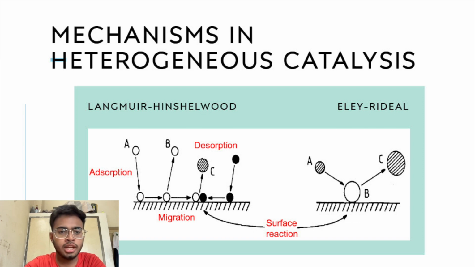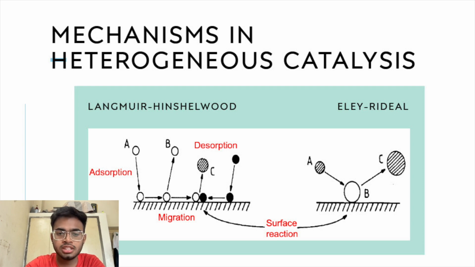The first one is the Langmuir-Hinshelwood mechanism, in which a species A comes to the surface, it migrates, it has a surface reaction, and in between it forms an intermediate product B, and in the final step it desorbs and forms a final product that is C.